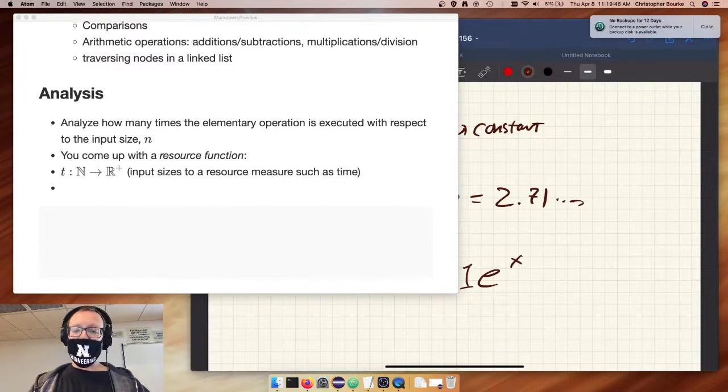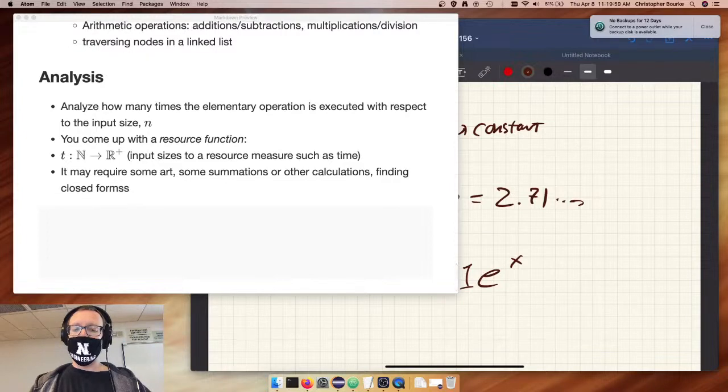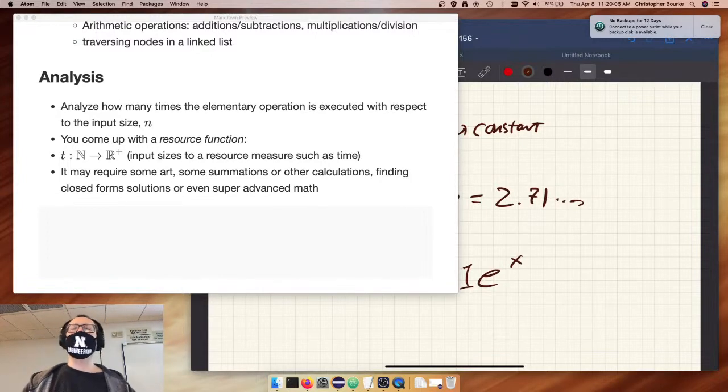So it may require some art, right? Some summations or other calculations, finding closed form solutions, or even super advanced math. An analysis of an algorithm could require you to know advanced field theory or something like that. We're not going to get into anything that complicated here.